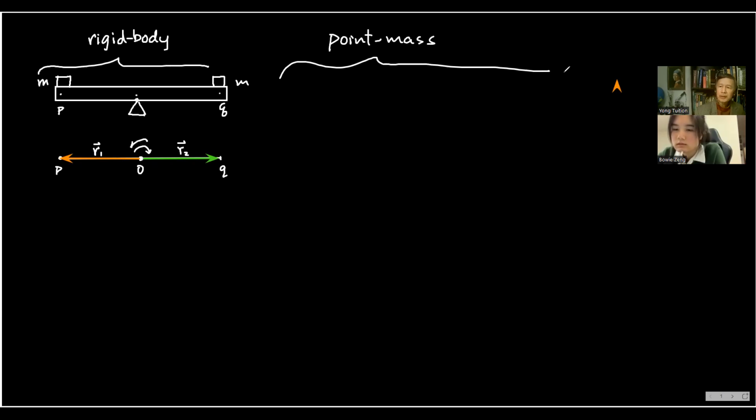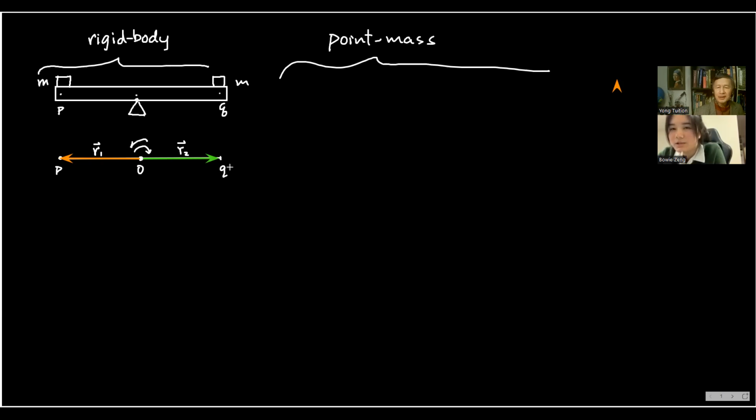Now we will consider the forces acting on these two points. Can you work out the force acting on the beam, not the object itself? Is it just weight force and normal force?